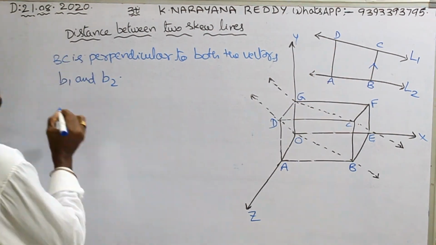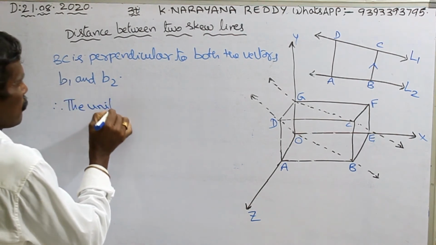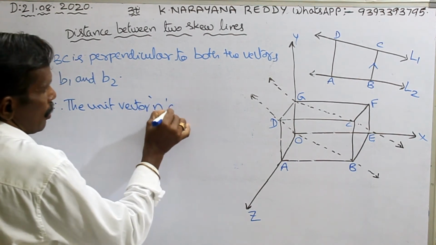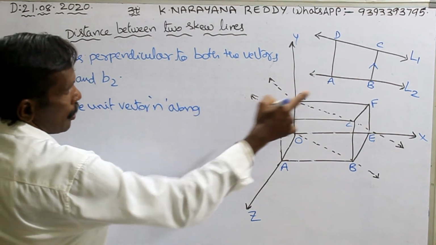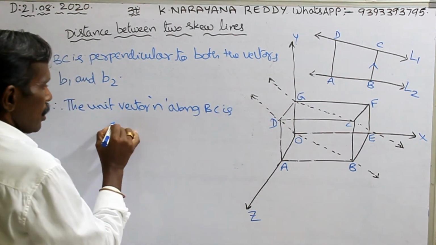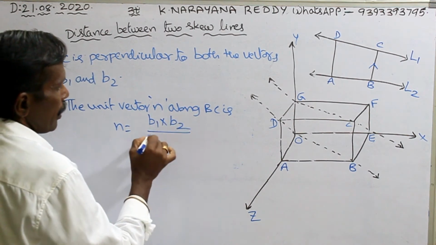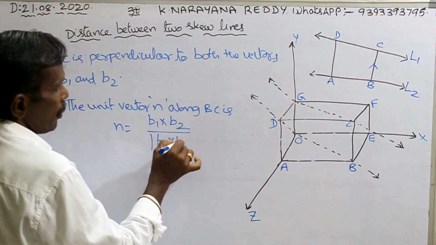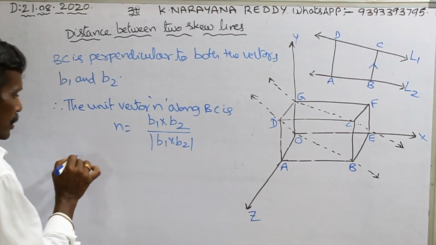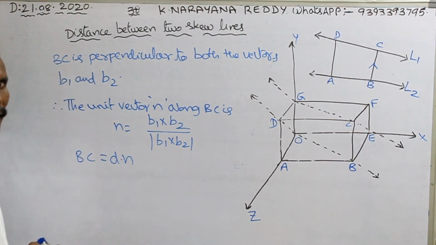That's all. Therefore, the unit vector n along BC is n equals b1 cross b2 divided by mod of b1 cross b2. That's all. Okay. As well as BC equals d into n.